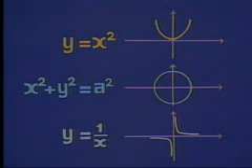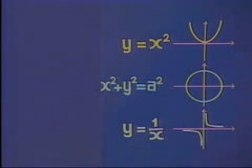In the same way, if the equation has all even powers of y, then it has to be symmetric about the x-axis. So here you see, this and this are not symmetric about the x-axis, while this one is symmetric about the x-axis.